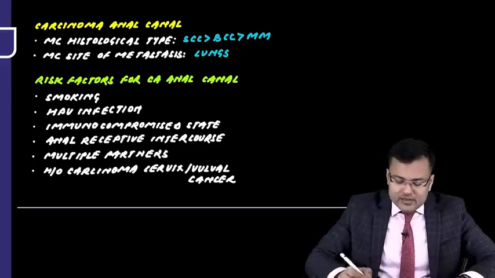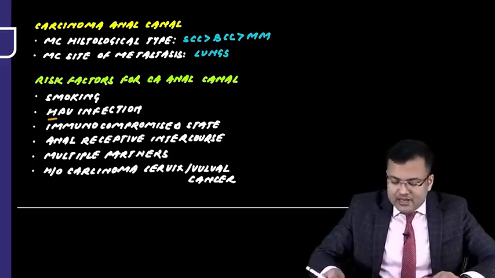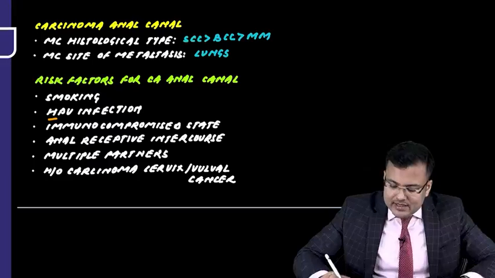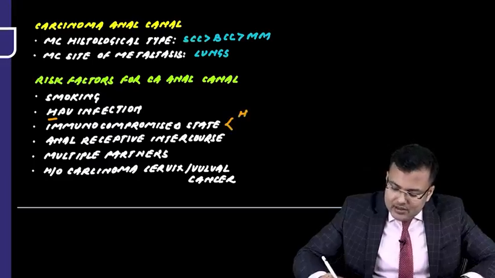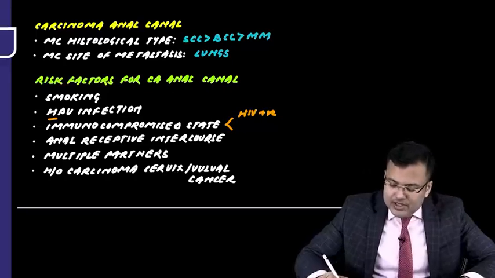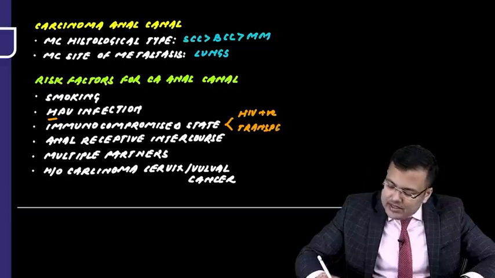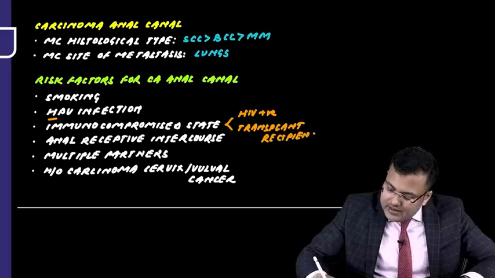So the risk factors are smoking, human papillomavirus infection, and immunocompromised state, meaning the patient is HIV positive, or a transplant recipient receiving immunosuppressive agents. Clear? In these cases, there is increased risk.